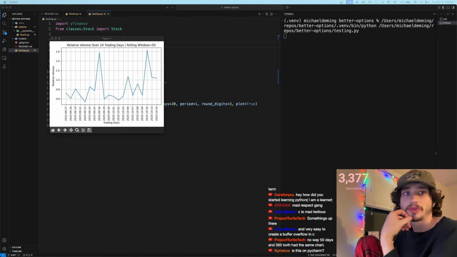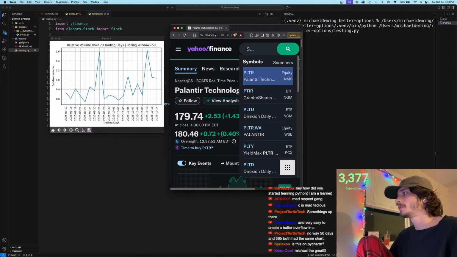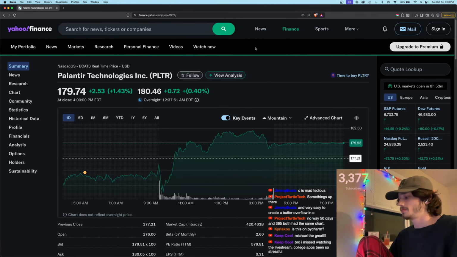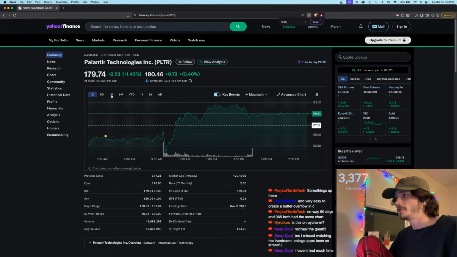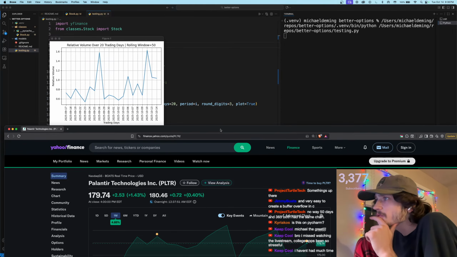So let's go open up TradingView. I have to make an account now. Google stocks. Let's do Palantir. So if we go back to around, what was it, 9/26?